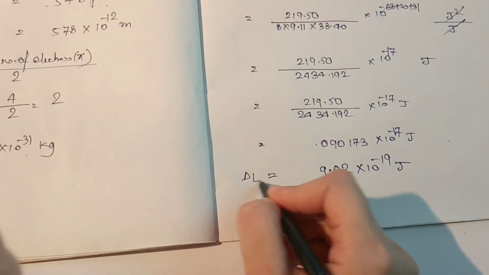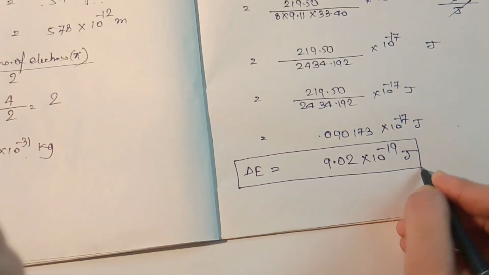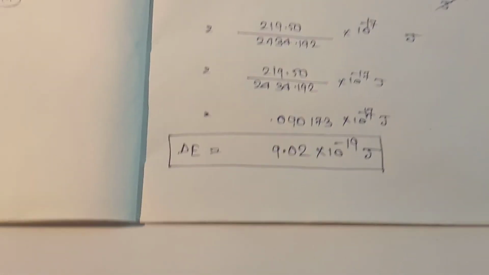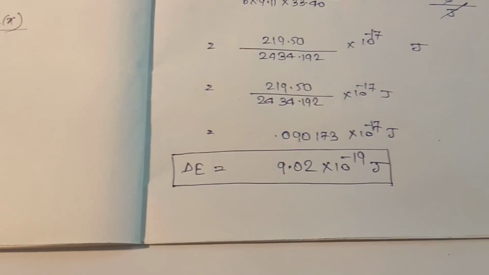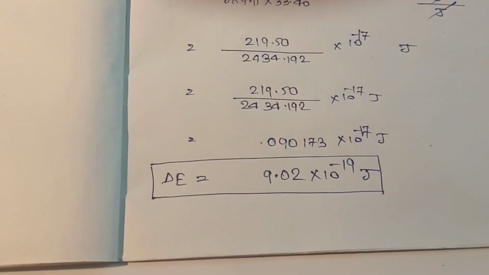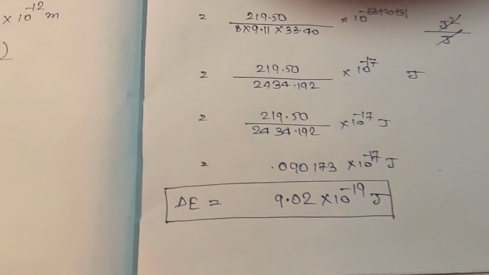This is the delta E value, and it was verified that the experimental values are almost similar to the values that we have calculated theoretically by applying the particle in a 1D box energy expression.